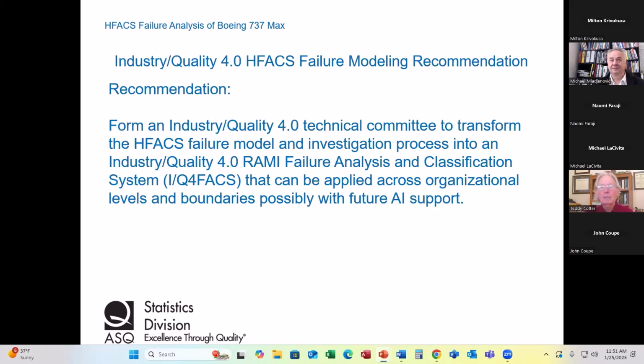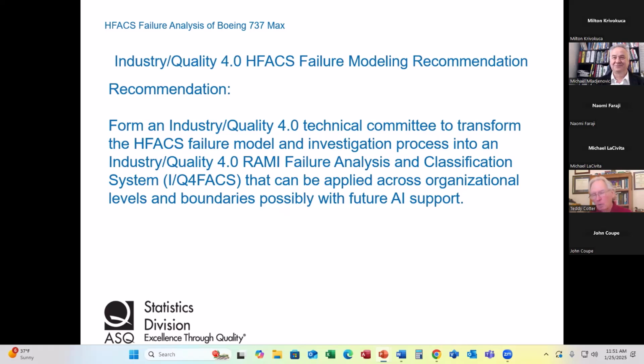So this is my recommendation, and this is really to, I don't know if it's to ISO, ASQ, ANSI, but form an Industry 4.0 quality technical committee to transform the HFACS failure model and investigation process into an Industry Quality 4.0 RAMI failure analysis and classification system that we can apply in the future.